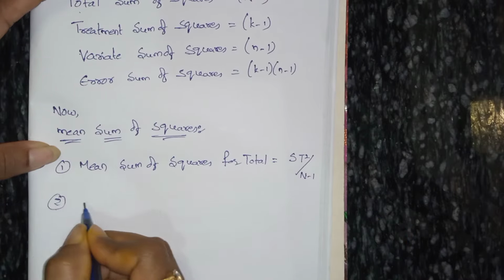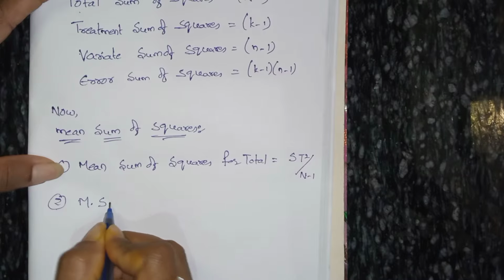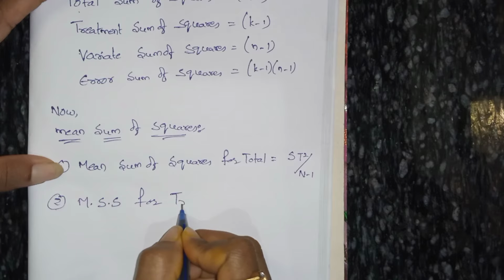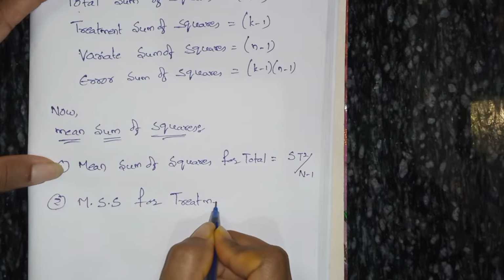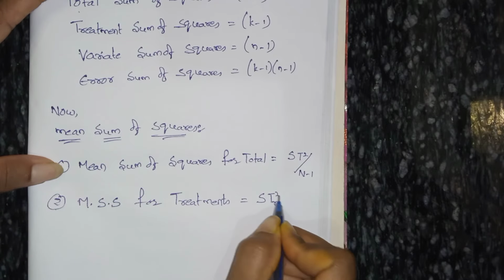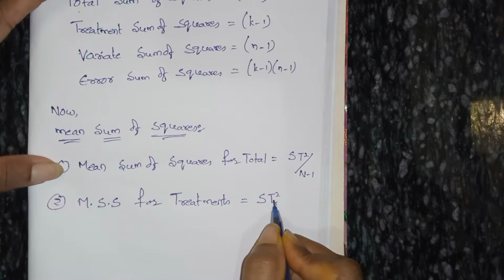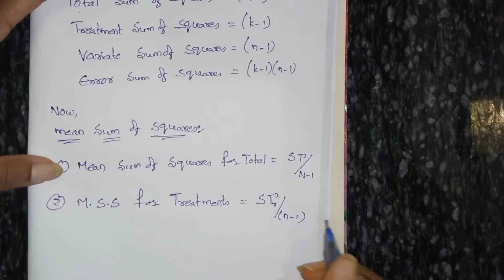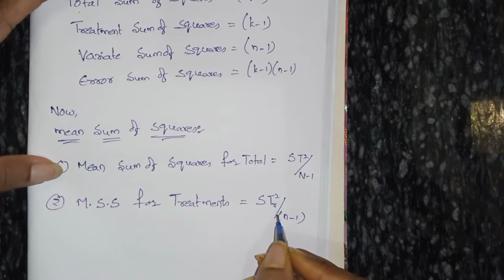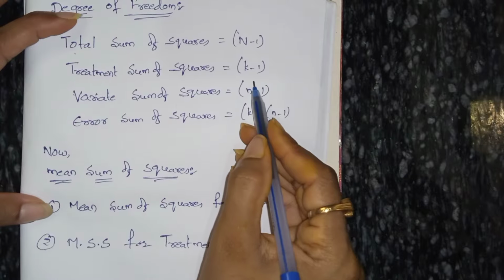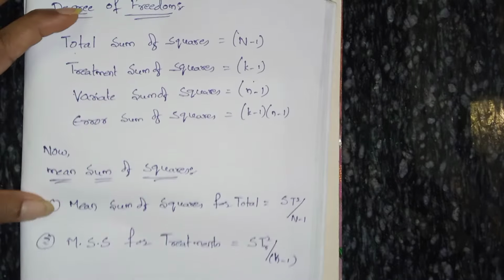Next, second one. Mean sum of squares for treatments, nothing but STR squared by... treatments, no, here K minus 1 we will write. Why? Because here the treatments degrees of freedom is K minus 1.